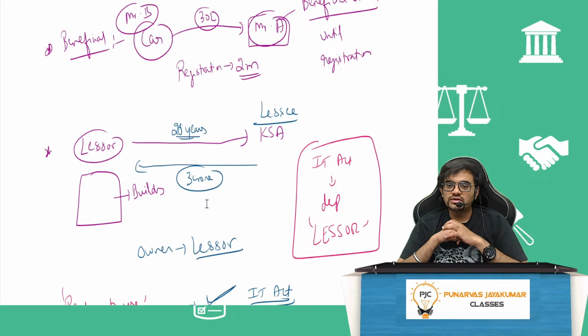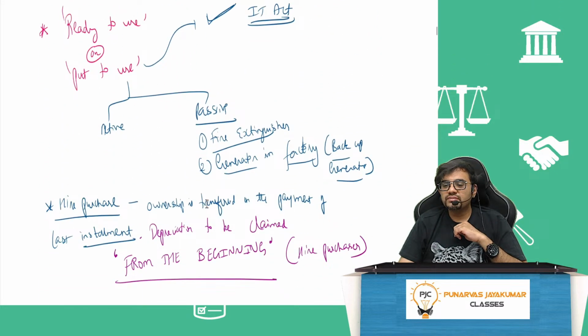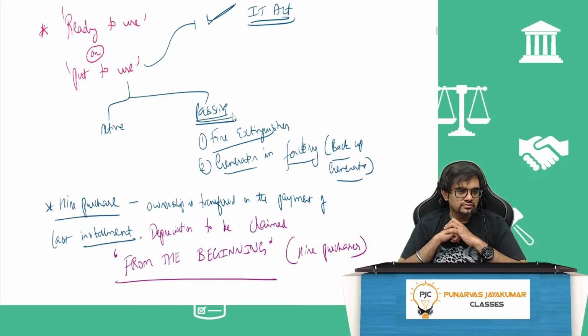But it's not put to use. Yes, it is a standby asset. Depreciation can be taken on passive use. So fire extinguisher, extra generator in factory, all these are passive, standby equipment.